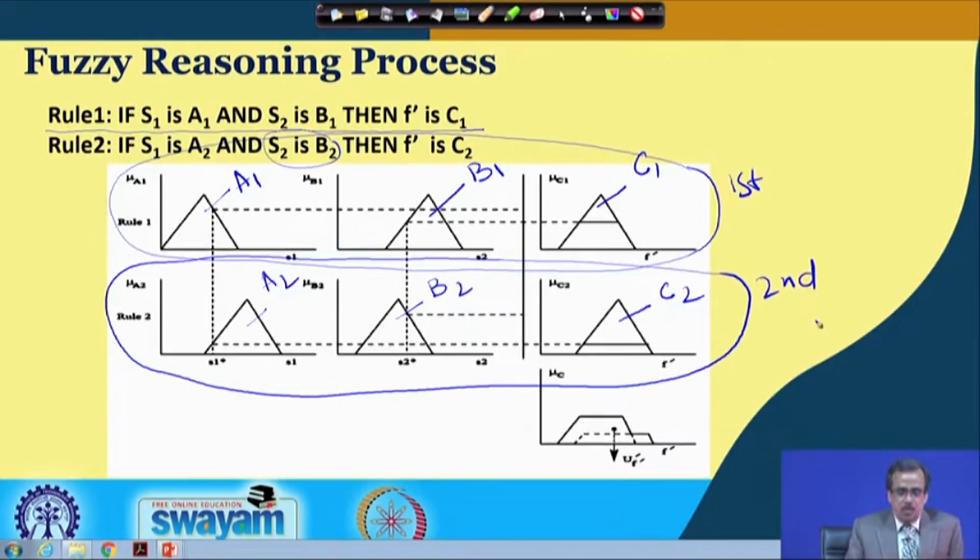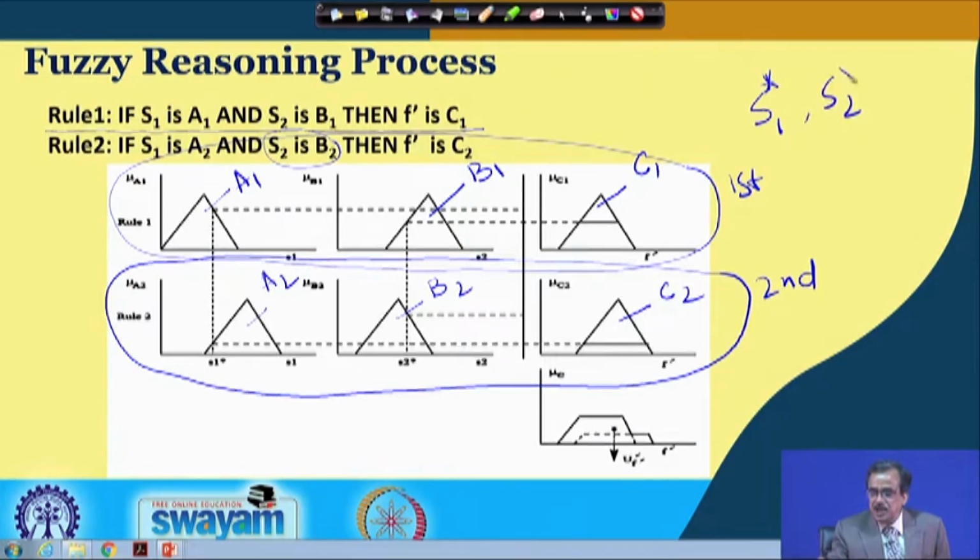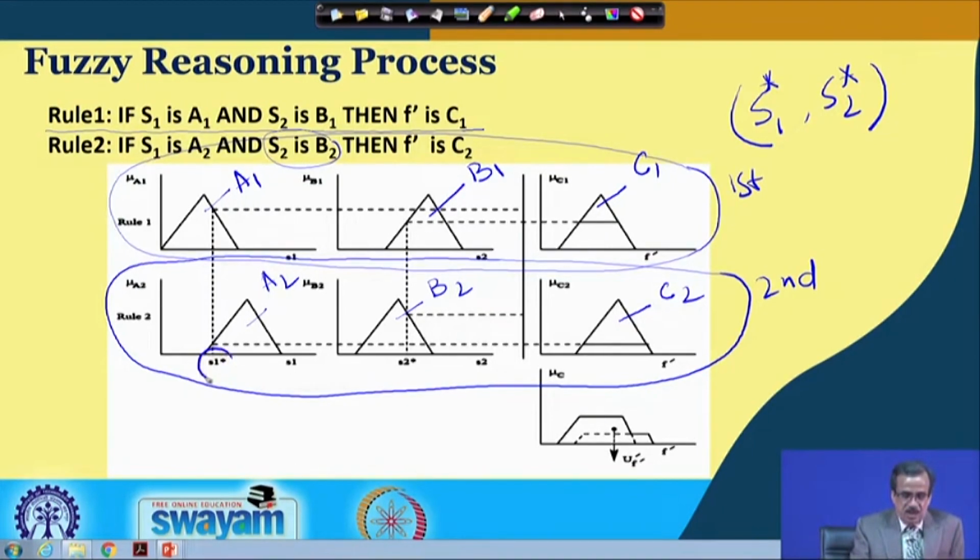Supposing that I am passing one set of inputs, the inputs are S1 star and S2 star. This is the set of inputs, so this is a 2 input 1 output process. Now, I am going to pass this S1 star, that is the first input.